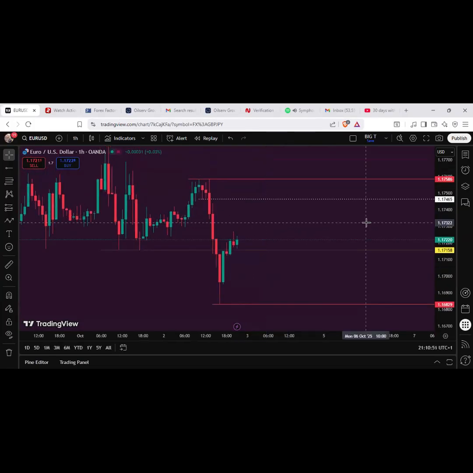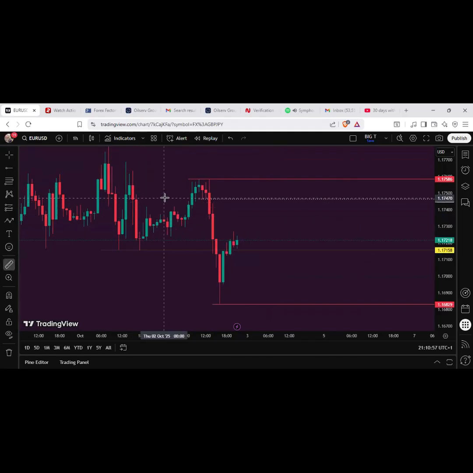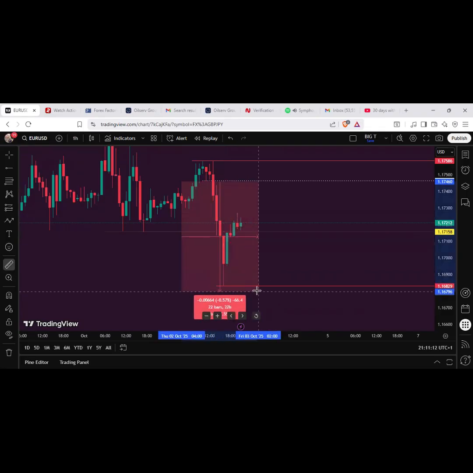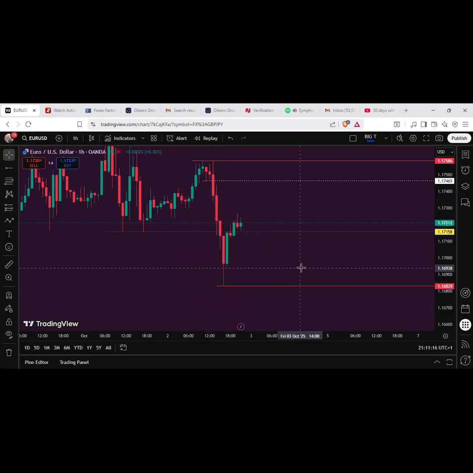Entry at 1.17465, I have my SL at 1.17586, and this is a stop loss of like 15 pips. You can make it 12 or 13, but preferably I would likely use 14 or 15 pips thereabout, managing my risk. This is a TP that I projected to go 60 pips plus.